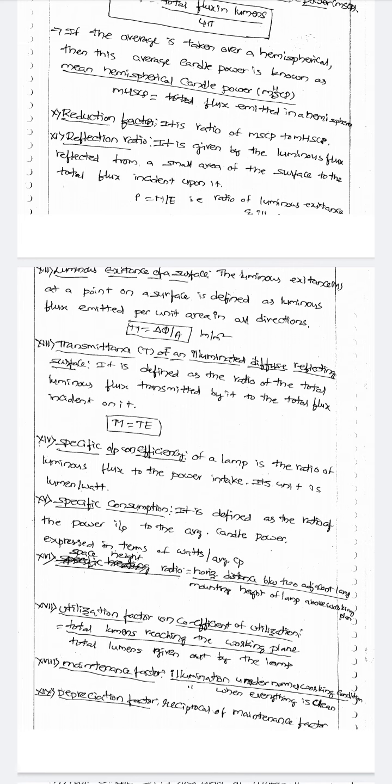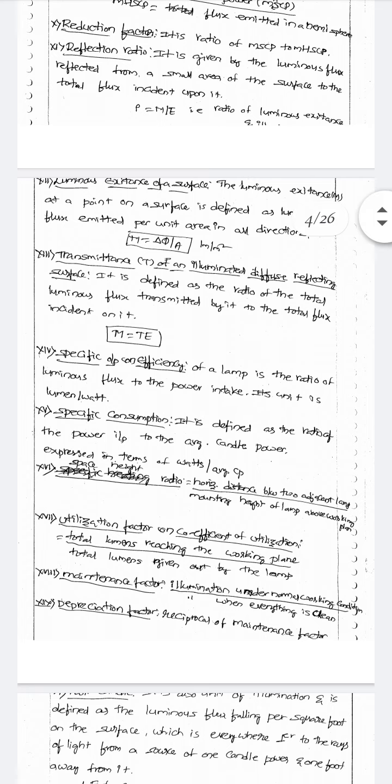It is the ratio of luminous flux to the power input. Its unit is lumens per watt. And next one, specific consumption. It is the ratio of power input to the average candle power.